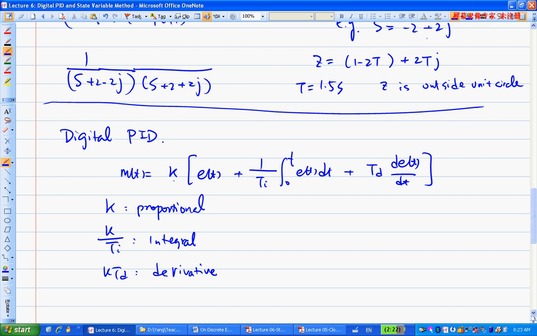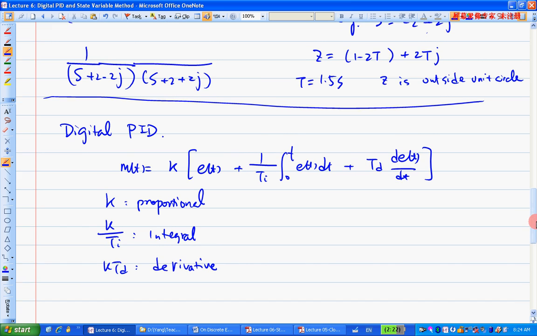Often the integral gain will decrease the system stability, while the derivative term will add stability into the system. Damping, what does damping do? Damping slows down the response. So those are continuous systems.